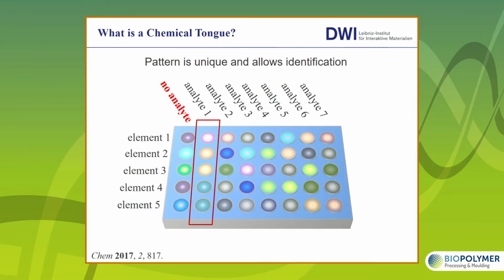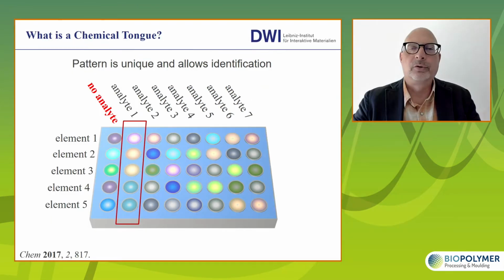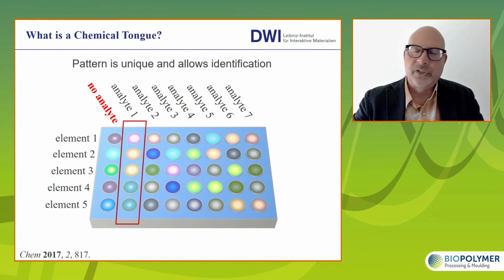So we take the fluorescent proteins and we put them in individual wells of a multi-well plate, and we use conjugated polymers, and then for each of the analytes we add to each of the individual components, we get either a fluorescence quenching or a fluorescence increase, depending on how the analyte interacts with the sensor matrix.